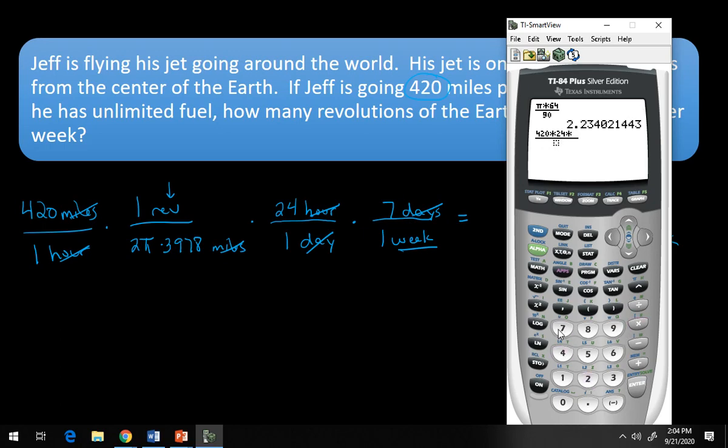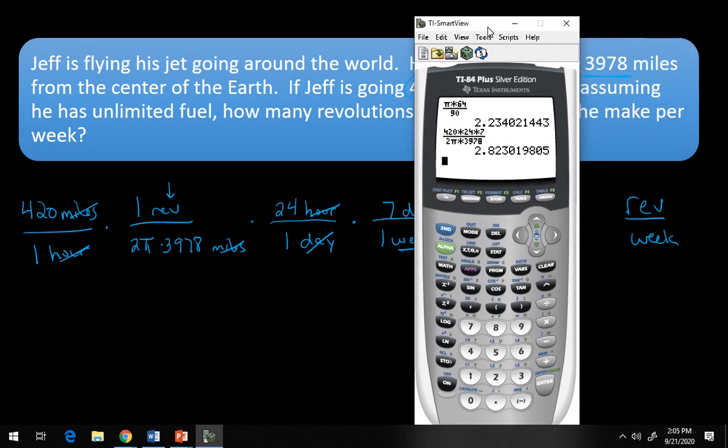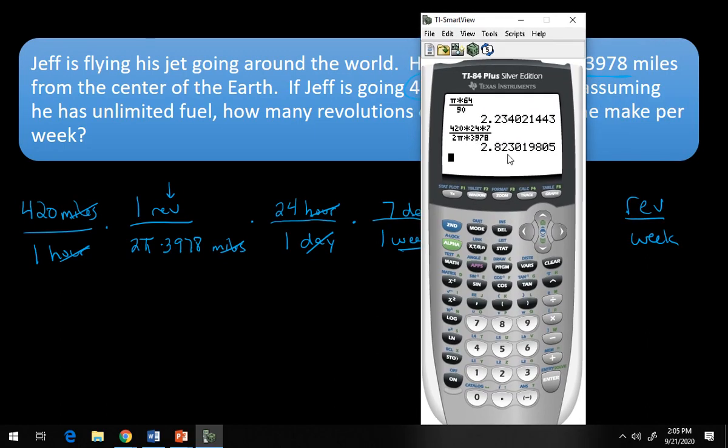On the bottom, 2 pi times 3,978. And that's it. So Jeff makes at least 2.823 revolutions per week around the Earth.